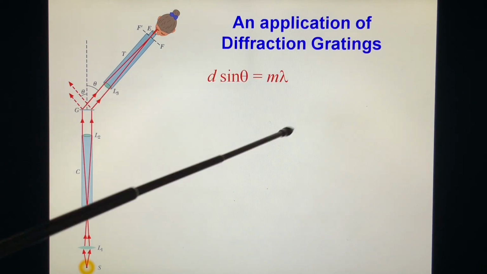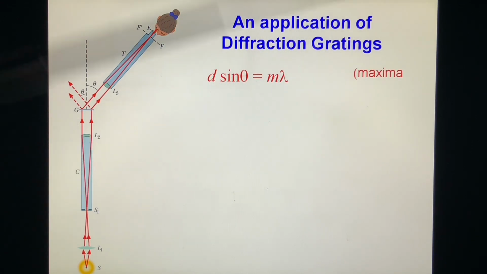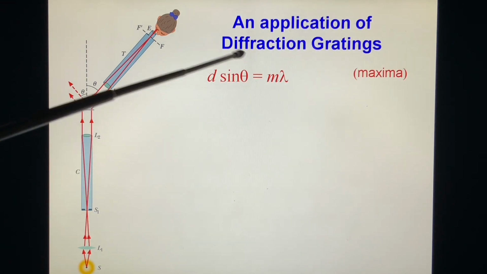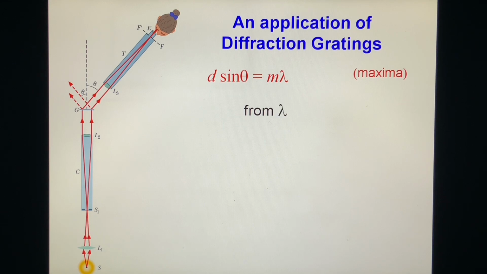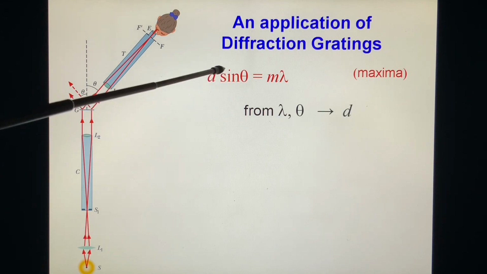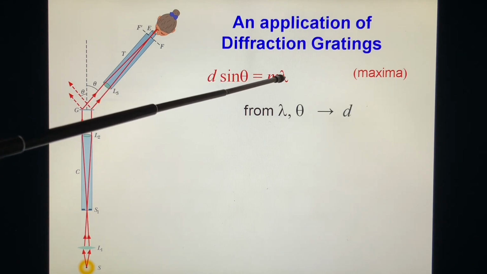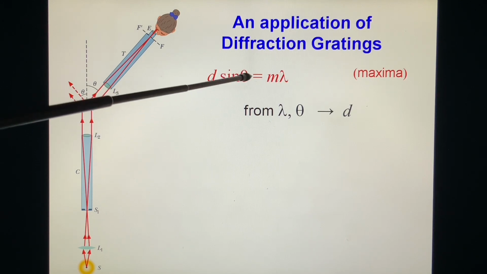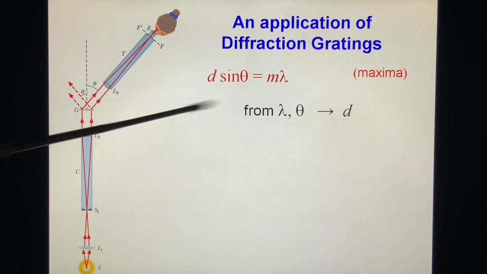When you satisfy d sine theta equals m lambda, we get a maximum line. This angle you can rotate. From lambda, the wavelength of light, and theta, which we measured, we can determine d, the separation of the grating.